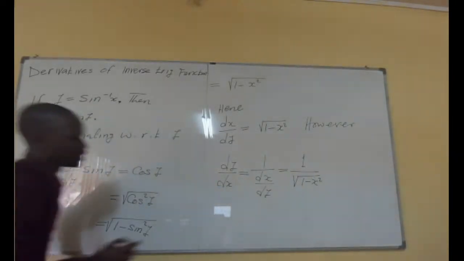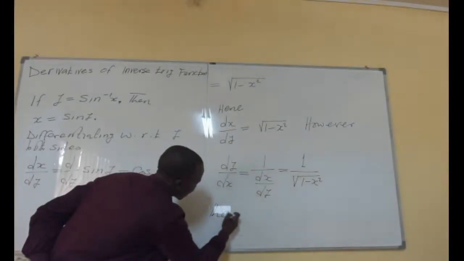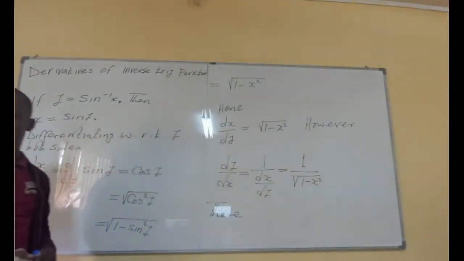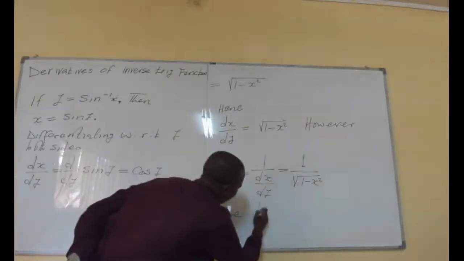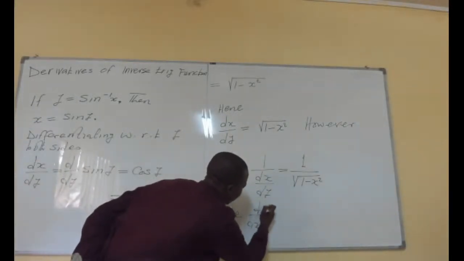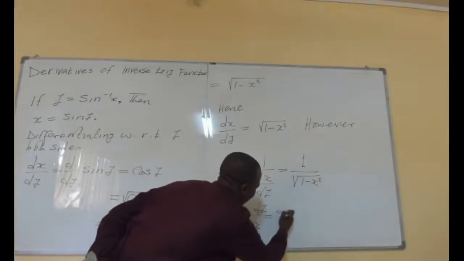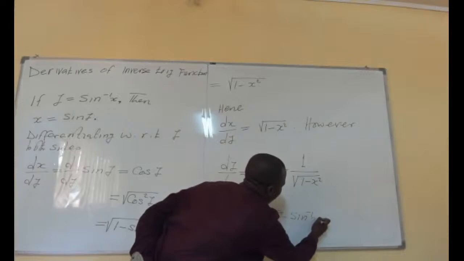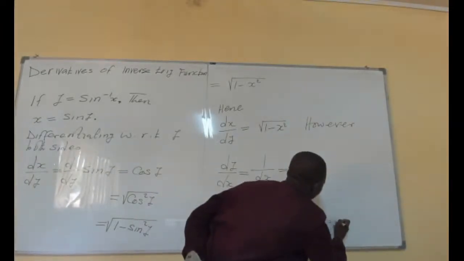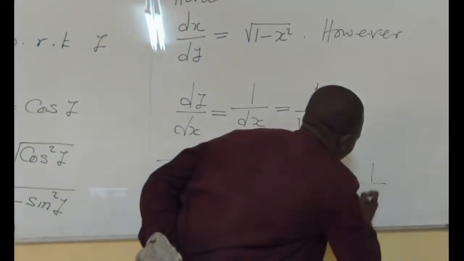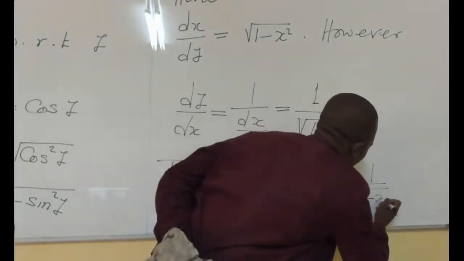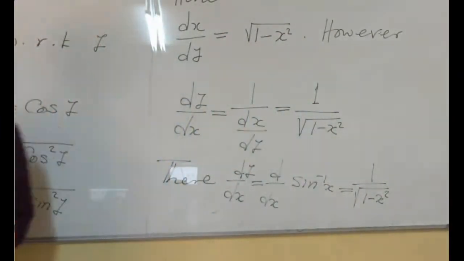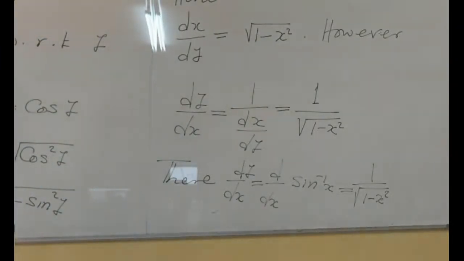Therefore, the derivative with respect to x of the function y, which is just equal to the derivative with respect to x of sine inverse of x, is equal to 1 divided by the square root of 1 minus the square of x. So then you are done with the construction of your solution.